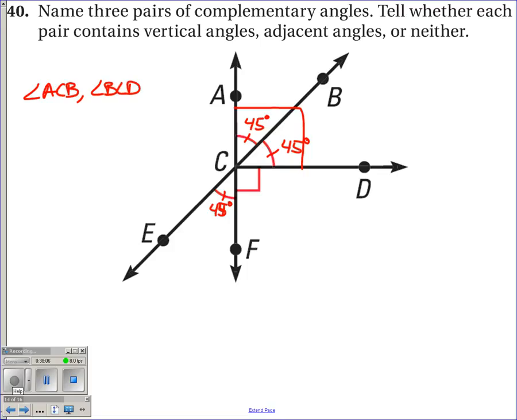Those are a pair of adjacent angles. And so their sum is 90. That's one pair. Let's take a look at another pair. How about angles ACB and angle ECF? Well, again, that's two angles here and here. They are complementary. They add up to 90. Well, then let's take the last pairs that we can look at, BCD and ECF.